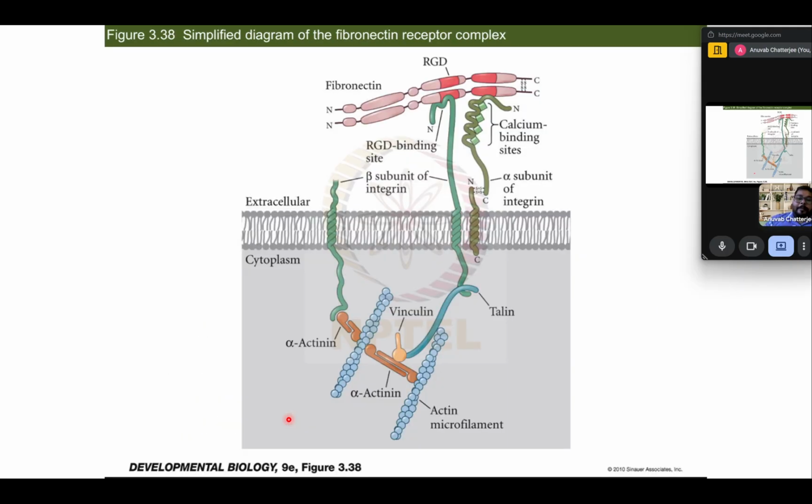So this is an example of how cells bind the ECM. One of the important proteins present in the ECM, and ECM is made out of mostly carbohydrates, proteins which are modified with glucose or carbohydrate molecules, which are proteoglycans, and different proteins.